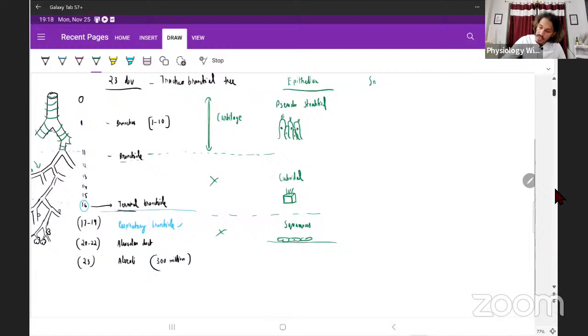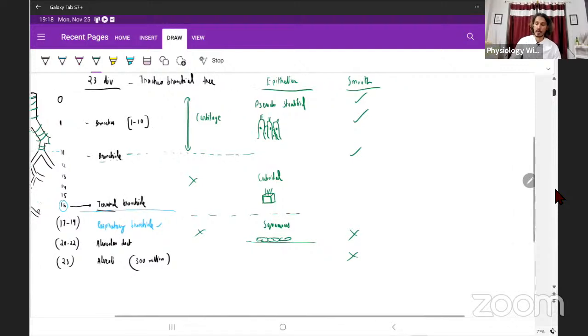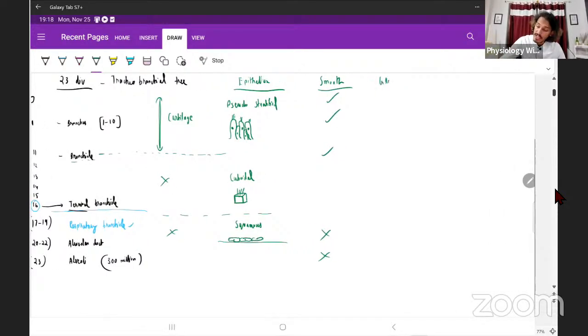Then smooth muscles. Smooth muscles are present in your trachea, present in your bronchus, bronchioles also to a degree. By the time you start reaching your alveolar duct and the respiratory zone, there are no smooth muscles. And then we have also glands. Glands are also present, especially in the initial compartments.